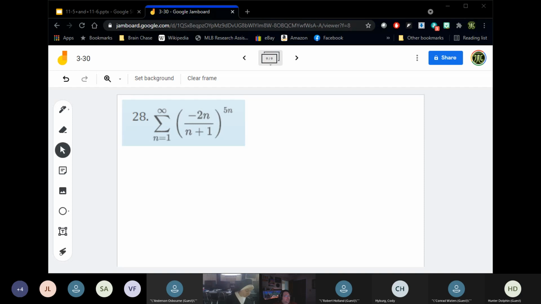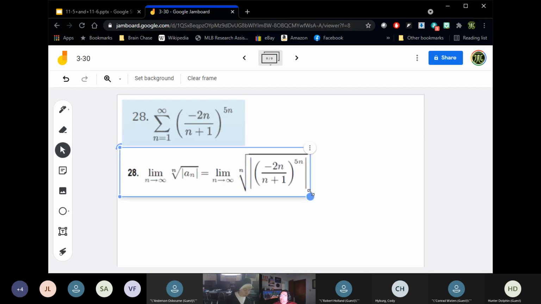When you're doing the root test, it's always the nth root. So this, we're not doing the 5th root, we're doing the nth root. So that 5 is going to stay.